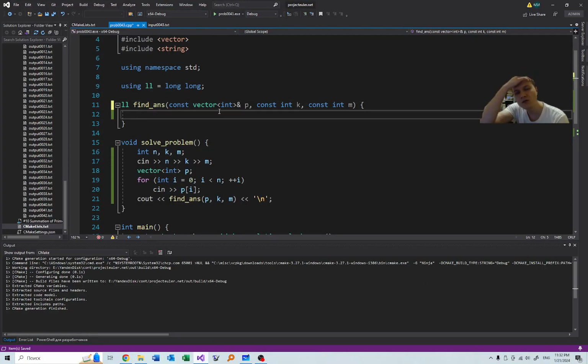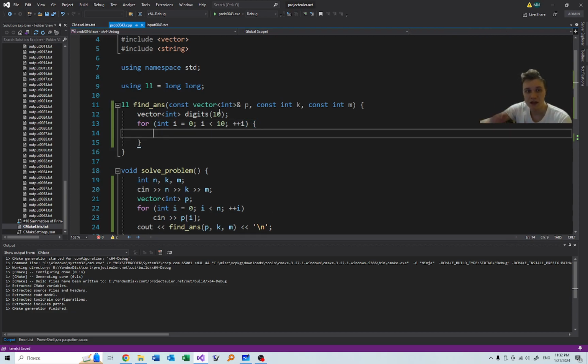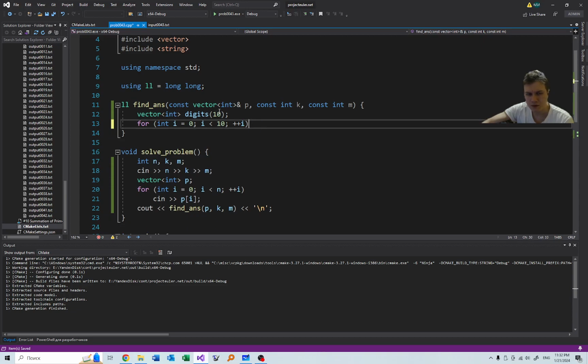So let's store the permutation of all digits. Vector int digits of size 10. Let's go through all possible digits, or through all possible numbers.